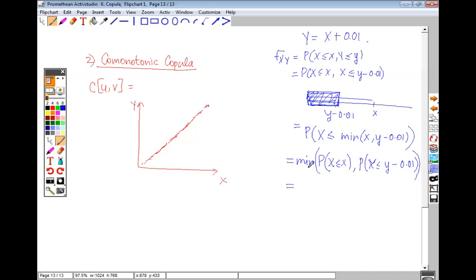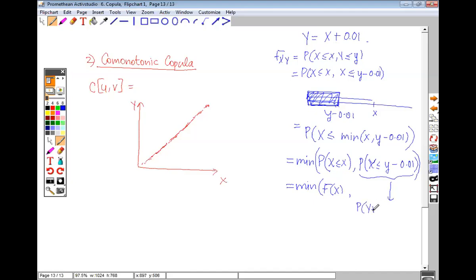Now that I have rewritten this as this, I can write this probability that my x will be less than or equal to x as f of x, comma. Now I will rewrite this x in terms of this y here. So let us say I only take this now. What will I have?